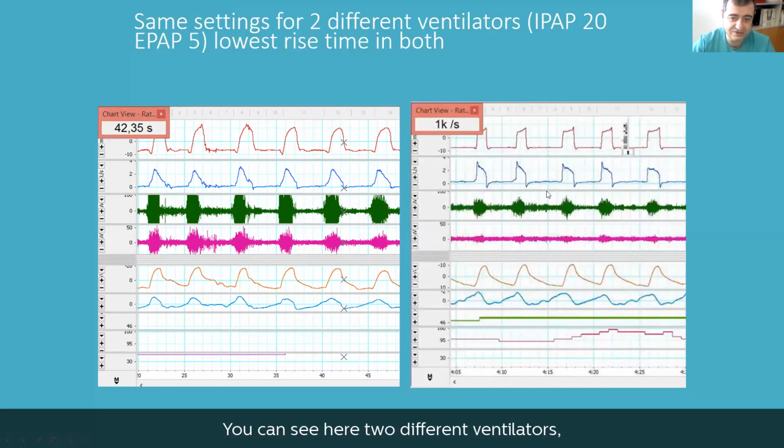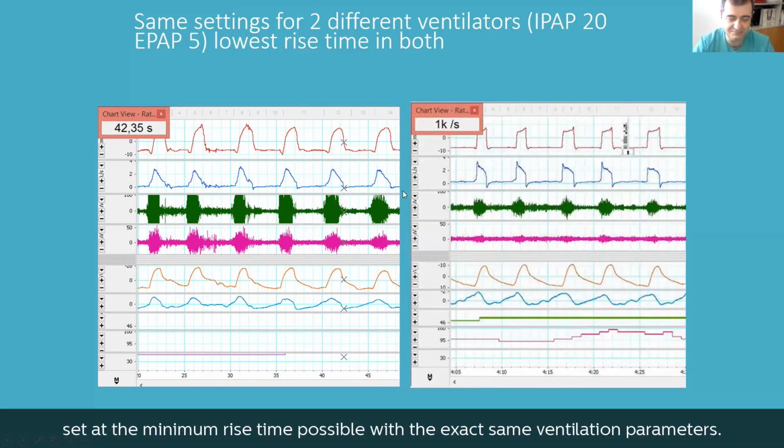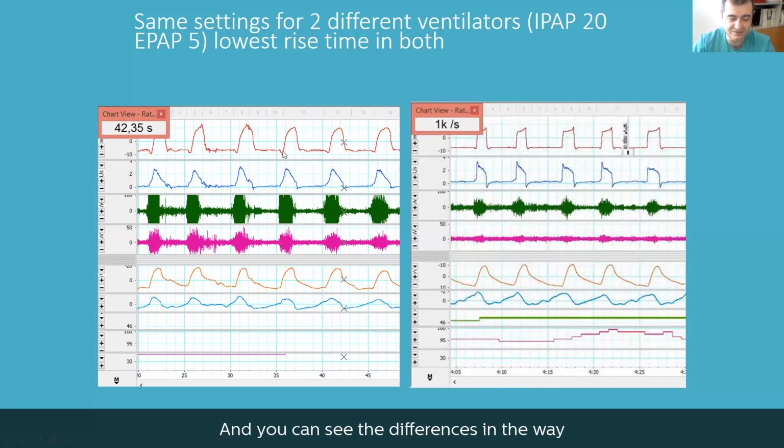You can see here two different ventilators set at the minimum rise time possible with the exact same ventilation parameters. And you can see the differences in the way the rise time increases pressure from EPAP to IPAP.